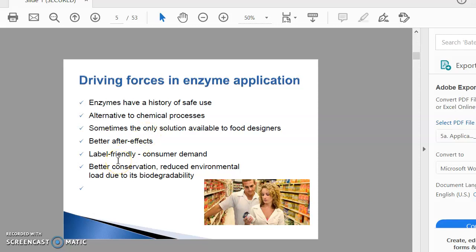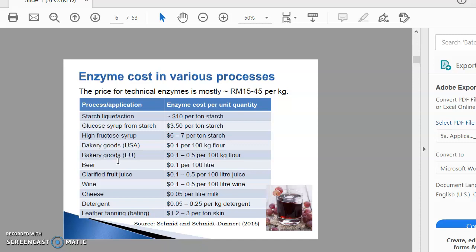Also, label friendly means that if we sell it in the supermarket, consumers probably prefer biological enzymes compared to the chemical ones. And also for better conservation, because enzymes are better for the environment, they are easily degraded compared to the chemical counterparts. As you can see here, the enzyme is very cheap. I think this is actually RM 15 to 45 per ton, not per kilogram.